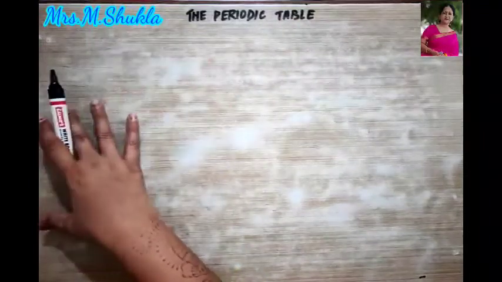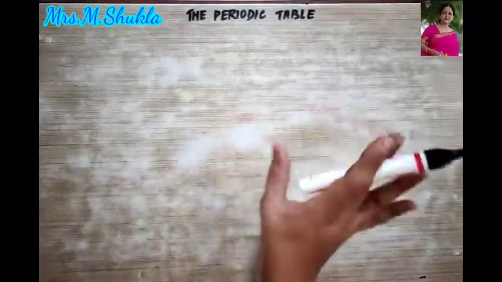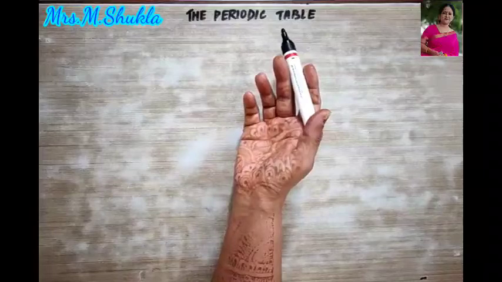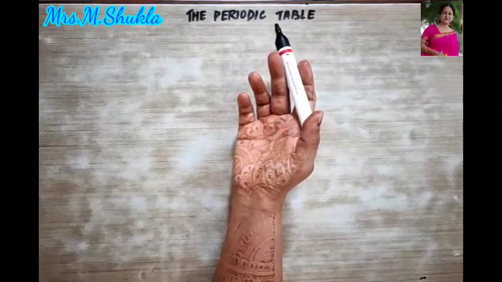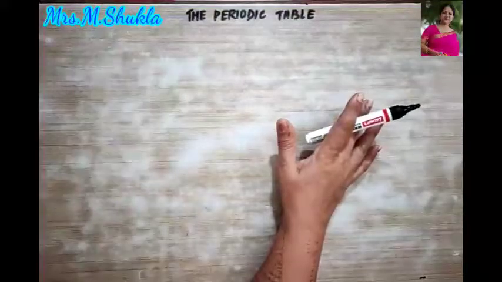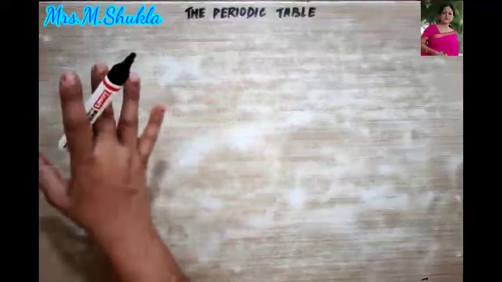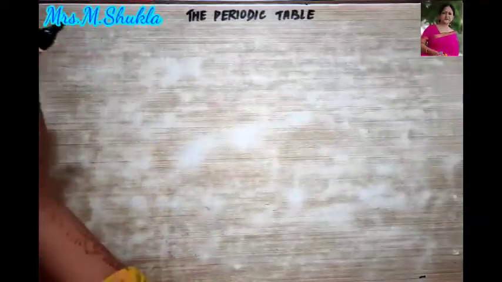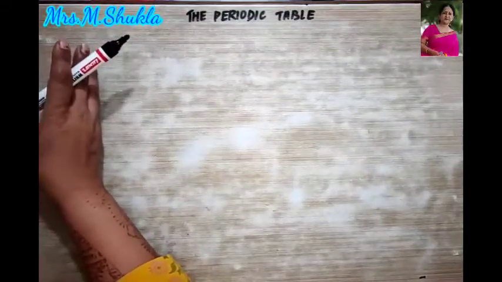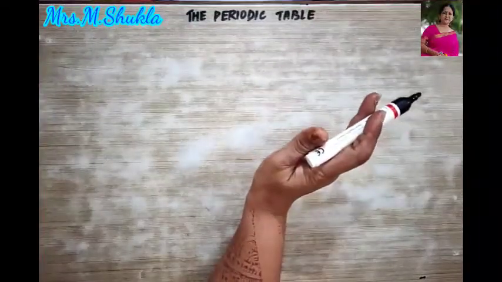It is actually a chart, a table in which all the elements, today there are around 117-118 elements known, are arranged in such a way that their similar properties are grouped together in one vertical column, and the dissimilar elements are separated from each other.